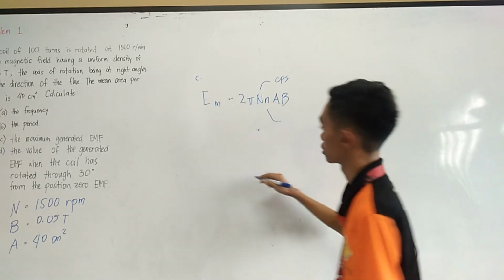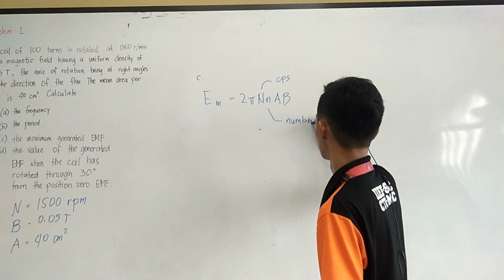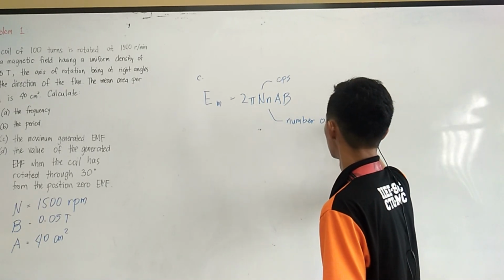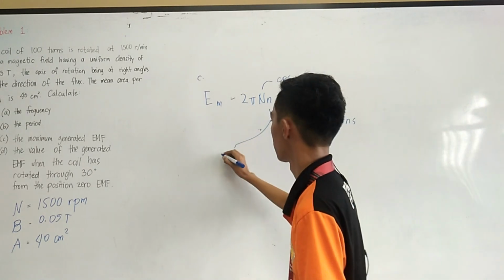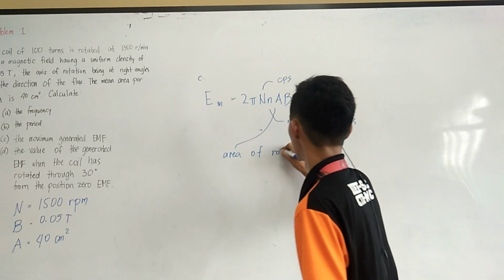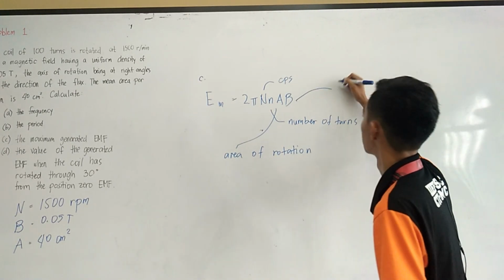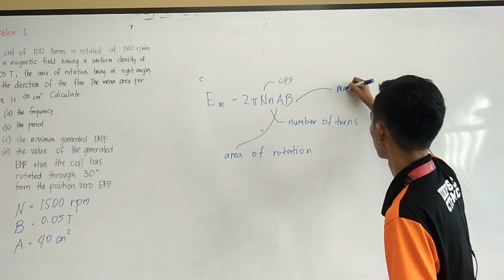N is the number of turns, A is the area of rotation, and B is the magnetic flux density.